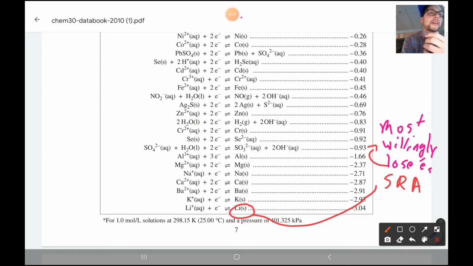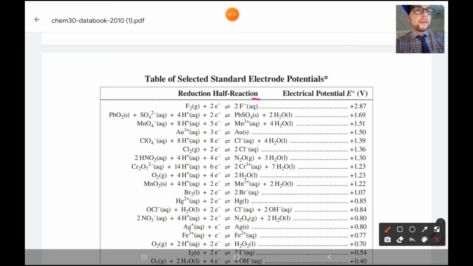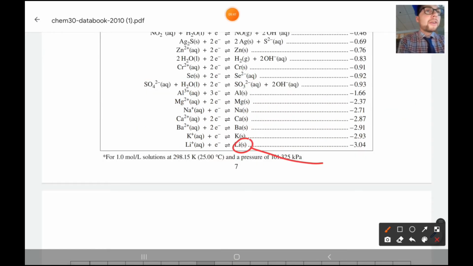So the strongest reducing agents, in contrast to the oxidizing agents, are actually at the bottom, and they get weaker as we go up, to the point where the weakest RA is the F minus ion. So it works in opposites. The top left side of the table is the SOA, and the bottom right side of the table is the SRA. Now, what does this have to do with spontaneity?